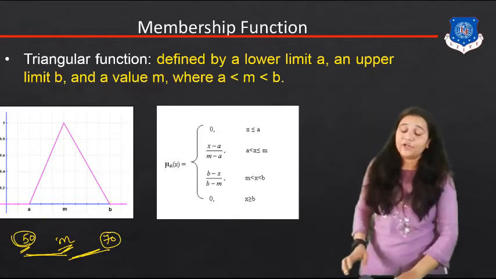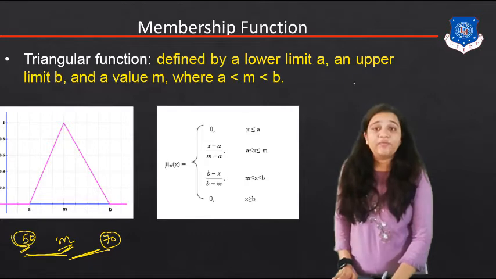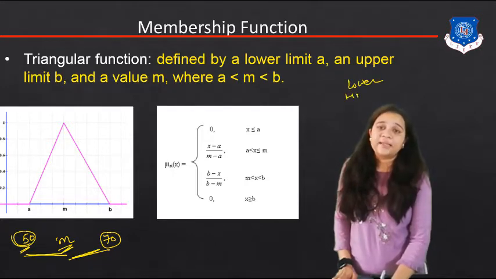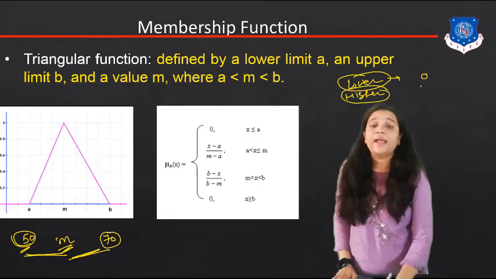So what is the actual meaning of the triangle function? We have to decide the lower limit and the higher or upper limit. If my value is lower than the lower limit, we get 0 output. If my value is higher than the higher limit, we get 0 output.